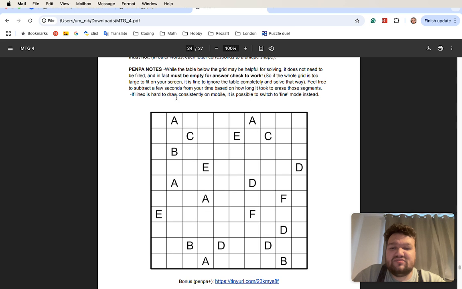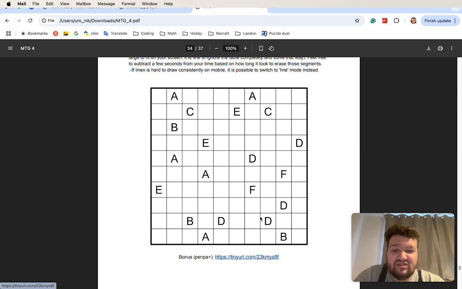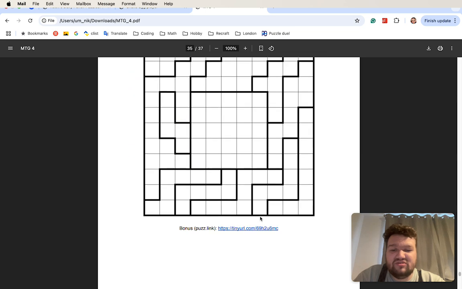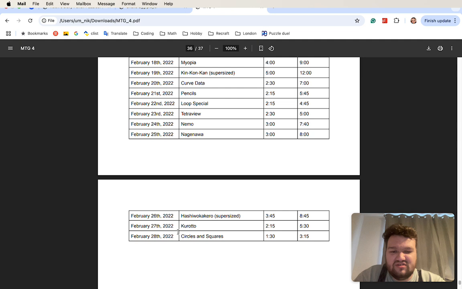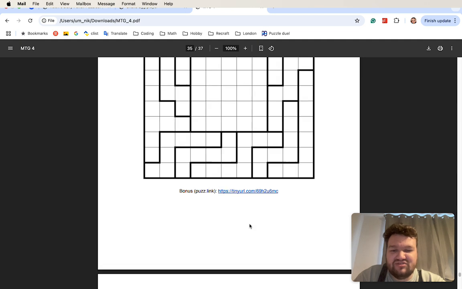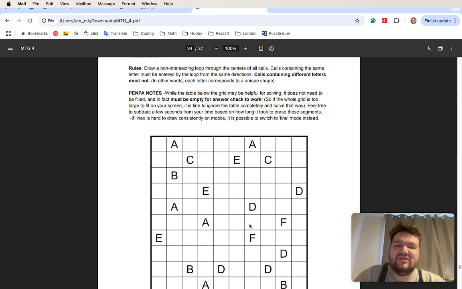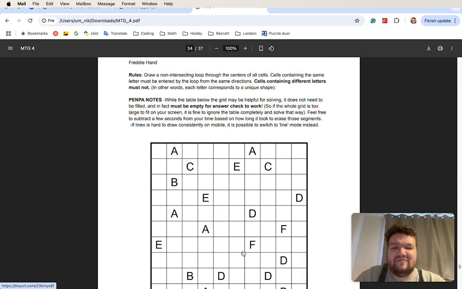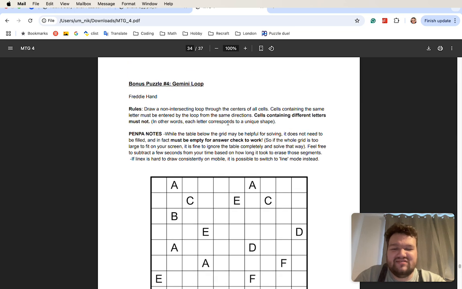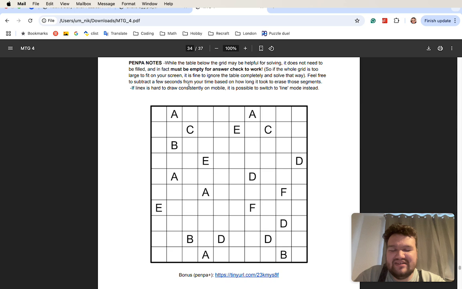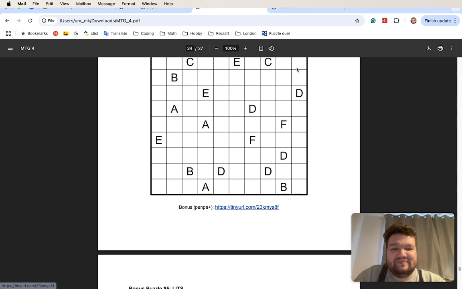Feel free to subtract a few seconds from your time based on how long it took to erase those segments. Well, we're not tracking the time. Also, there are no time standards for bonus puzzles, so that wouldn't matter anyway. I'm assuming that part was just copied from the original post.